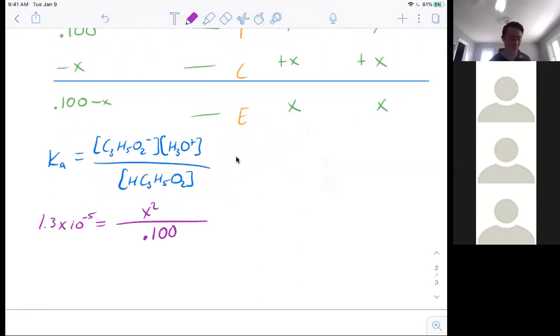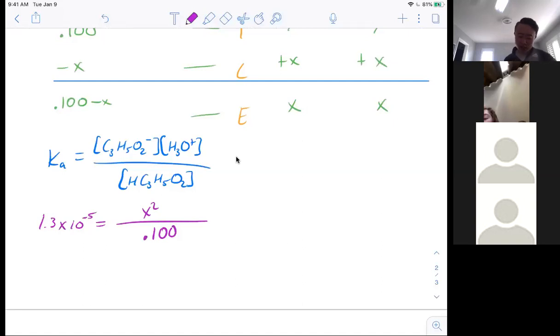So 1.3 times 10 to the negative fifth, times 0.1, and the square root of that answer. If you solve for x and not x squared, I got this number, okay? So look up and see what you got for your number, but I got this value that's unrounded. Does that look similar? Yeah? Maybe, possibly.